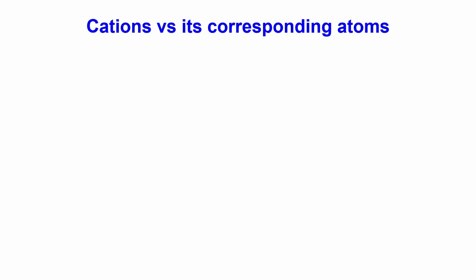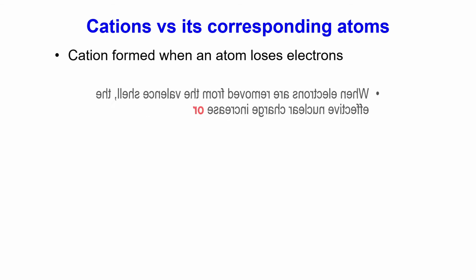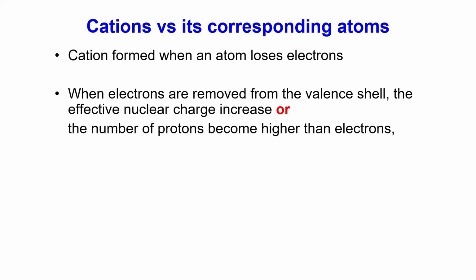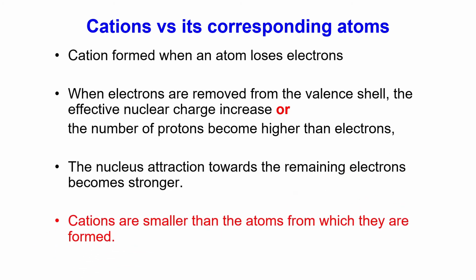Cation versus its corresponding atoms: a cation forms when an atom loses electrons. When electrons are removed from the valence shell, the effective nuclear charge increases, or the number of protons becomes higher than electrons. The nucleus attraction towards the remaining electrons becomes stronger. Cations are smaller than the atom from which they are formed.